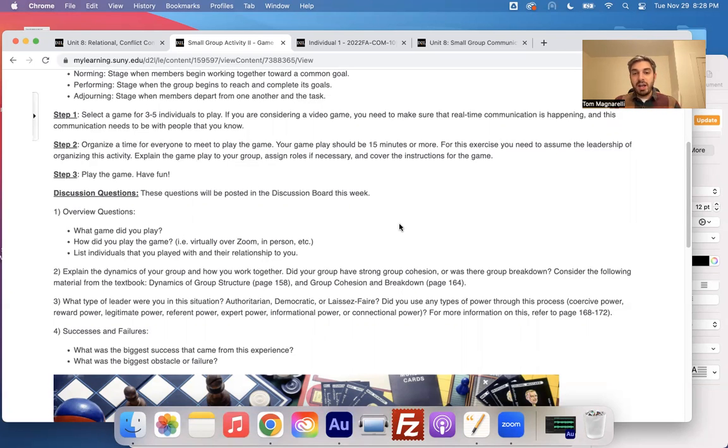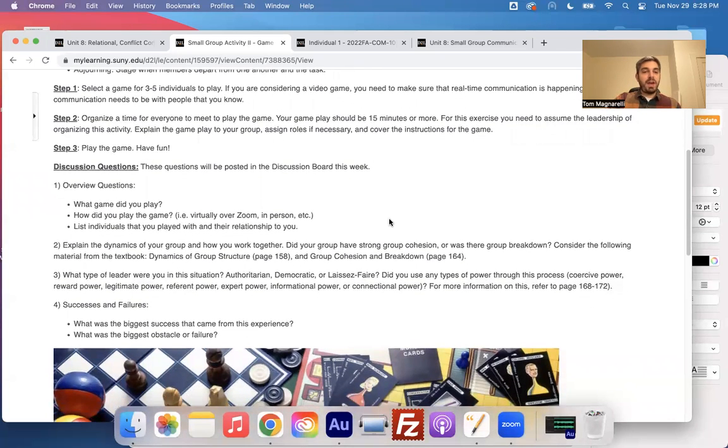Authoritarian, democratic, laissez-faire? Did you use any types of power through this process? Coercive power, reward, legitimate, referent, expert, informational, or correctional power? For more information on this, refer to page 168 to 172.